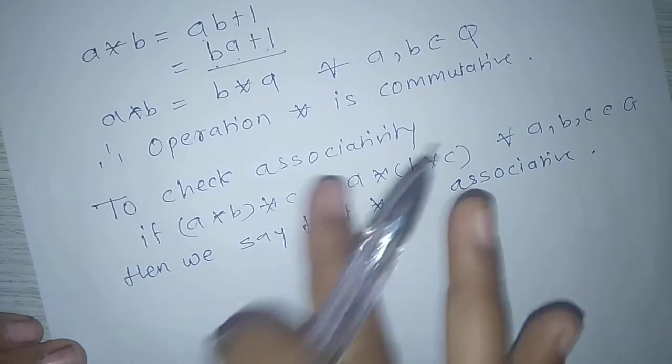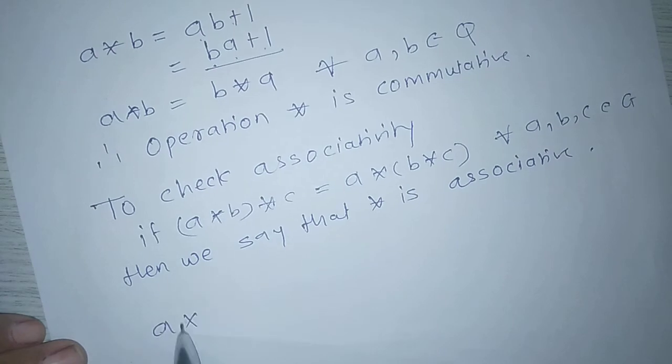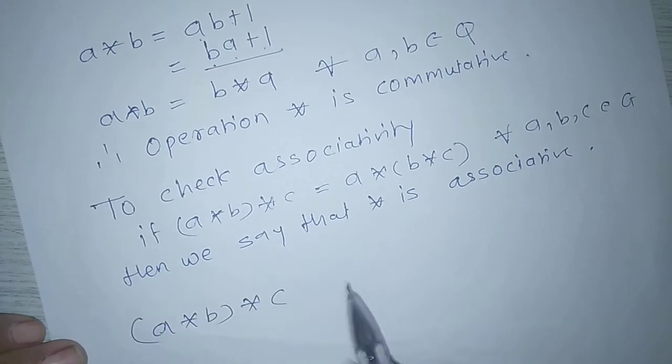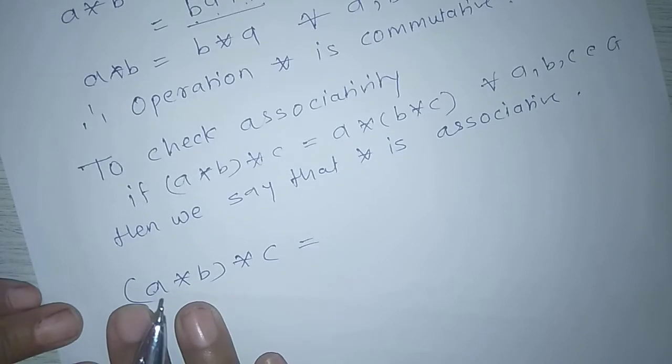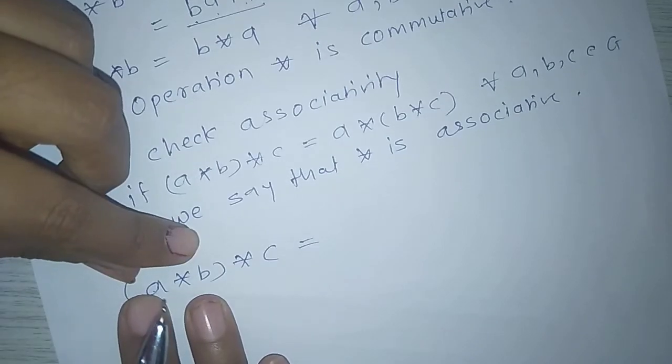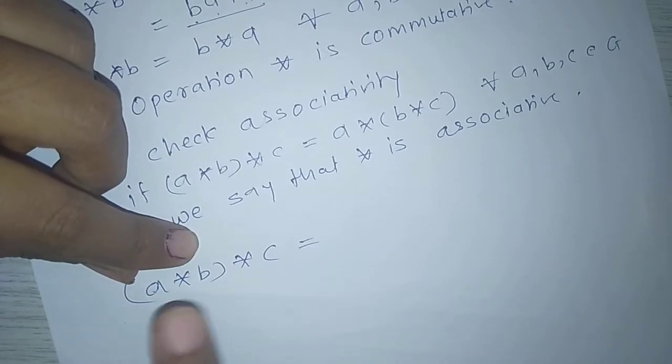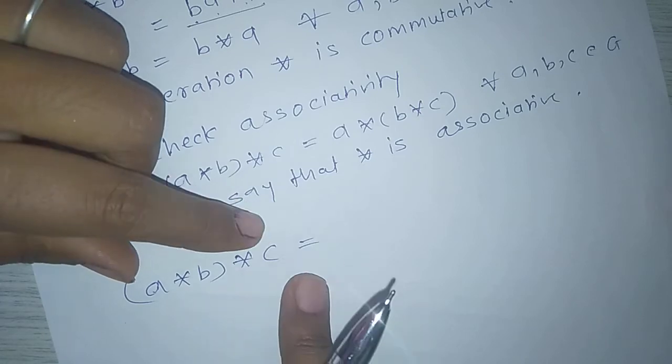First, check the left hand side, A star B star C. First, star applies on this bracket and then the resultant element applies on C.